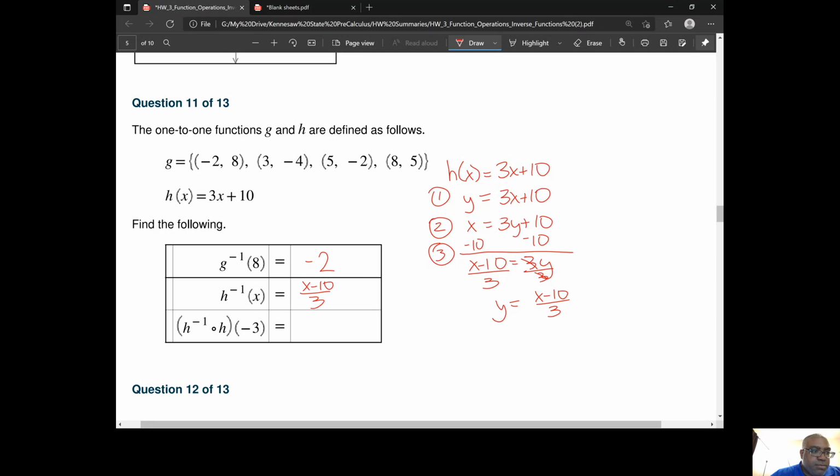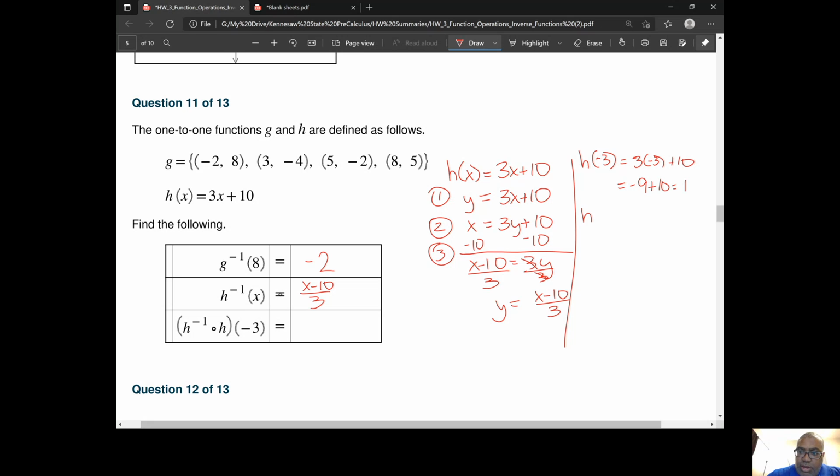All right. Okay. H inverse of H of -3. In other words, if we do H of -3, the property tells us that inverses undo each other, but let's just do it to be sure. So H of -3 is equal to 3 times -3 plus 10, which is equal to -9 plus 10, which is equal to 1.